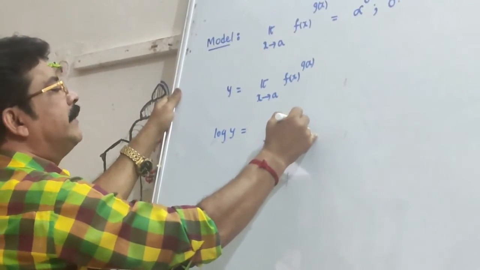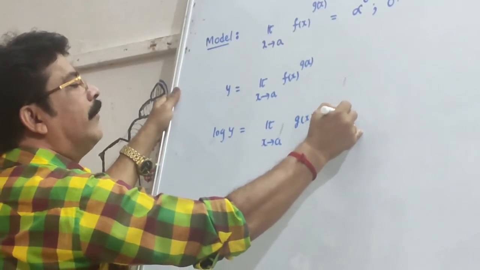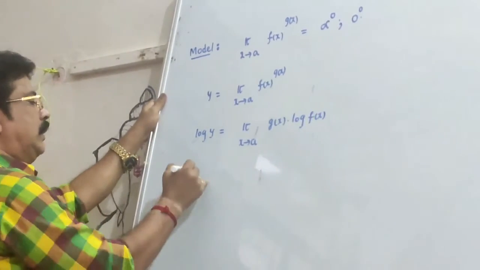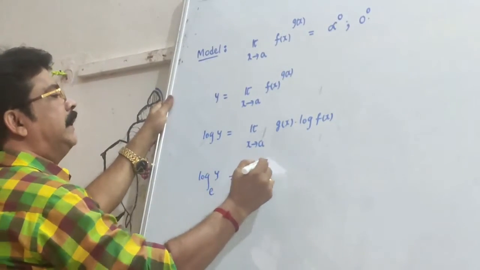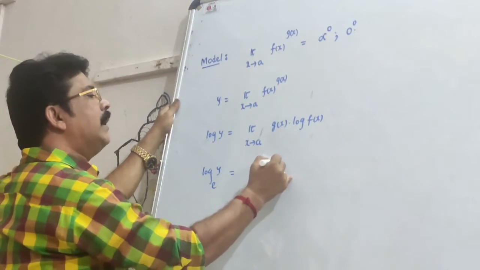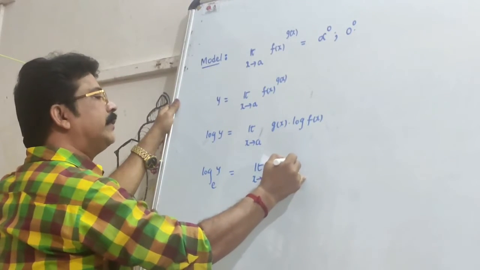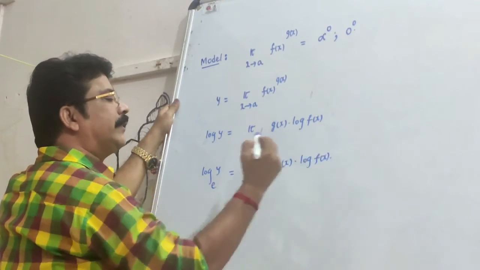Directly we can write it as g of x into logarithm of f of x. So log y, it is base e. That is equal to limit x tends to a g of x into logarithm of f of x.